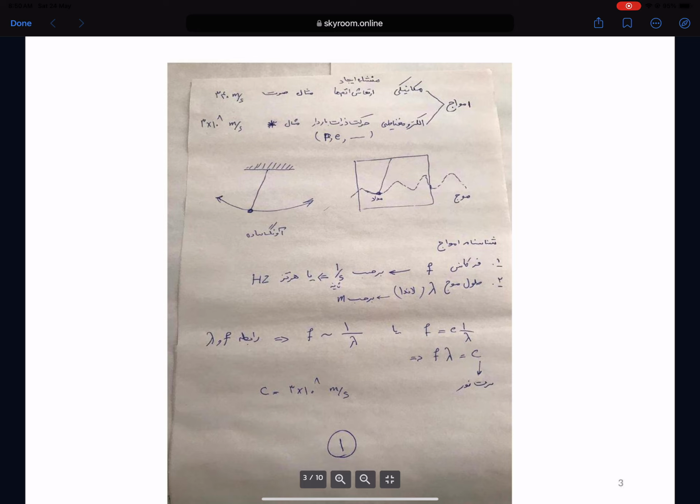But for knowing the waves, we should know that all of us, for example, me and you and the other students, we have an ID card. In this ID card, you have first name, last name, father name, ID number, the date of birth and the place of birth, etc. So all these specifics help to distinguish between us.